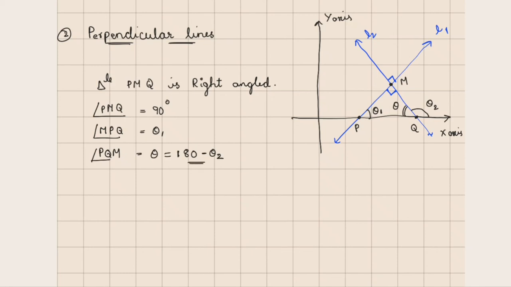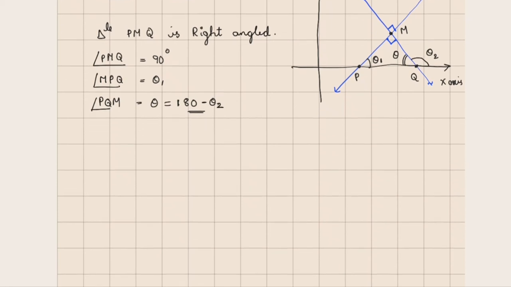Am I correct? Yes, because these two are supplementary angles, theta and theta 2, whose sum makes 180 degrees. So theta equals 180 minus theta 2. Now the slope of line L1, which is M1, is equal to tan theta 1.